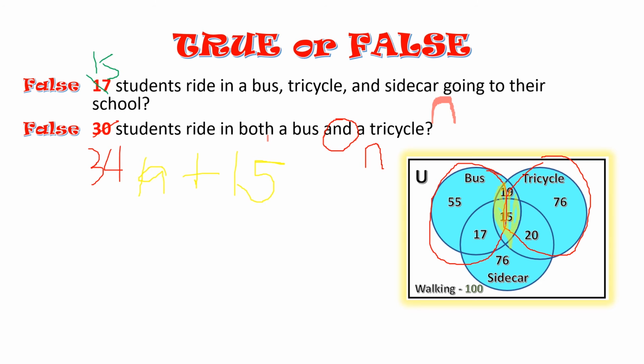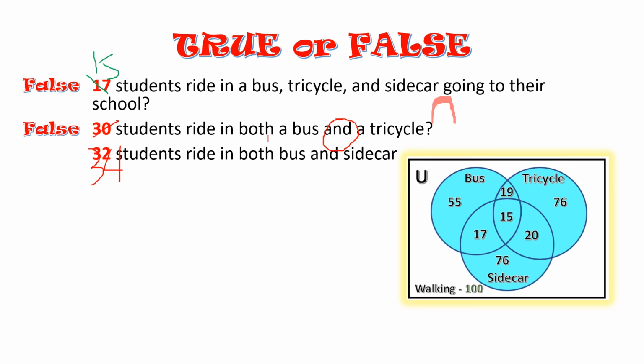So, let's continue on our statement number 3. Statement number 3. 32 students ride in both bus and sidecar. So, this time, what we are asking is bus and sidecar. But the key term we still used is the word and. And it represents again intersection.